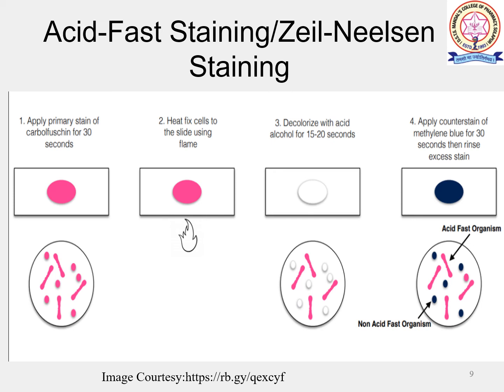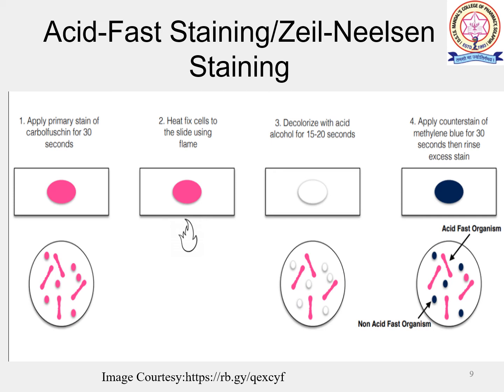So this staining is useful because some bacteria like mycobacteria contain mycolic acid in their outer membrane, which makes the cells waxy, and this waxy surface resists staining by the gram staining method or simple staining method.